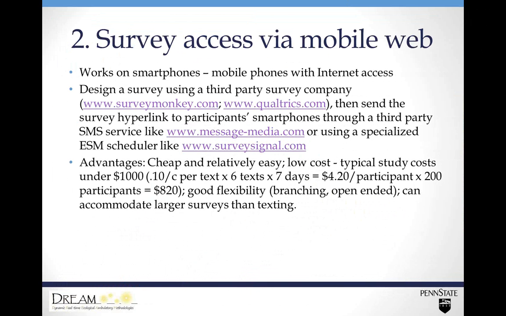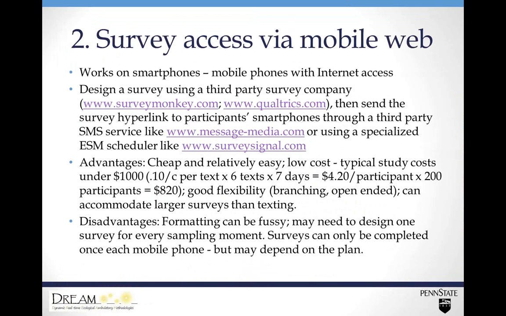You can accommodate larger surveys, and you can do randomization. So if I was suggesting an entry into experience sampling, it would probably be this approach, because for most people, text messaging is just a little bit too simple. But if you have students who are doing small studies, or if you're doing a really large study where you need to do it on the cheap, that's fine. But this approach gives you a lot more flexibility.